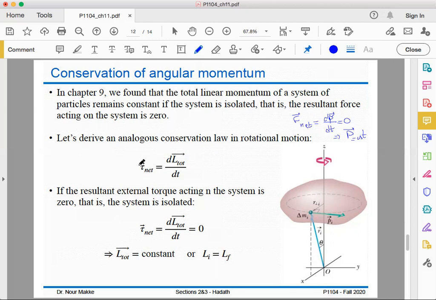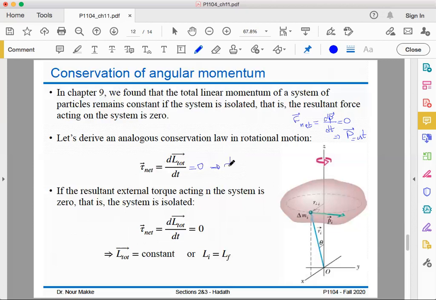We saw that if you have a system of particles, you can say that the net torque exerted or acting on the system of particles is equal to the time rate of change of the angular momentum of the system as a function of time. Now, what if the system is isolated? If the system is isolated, it means there are no external forces acting on it, because there is no interaction between it and the outside world, and so tau net is equal to 0.